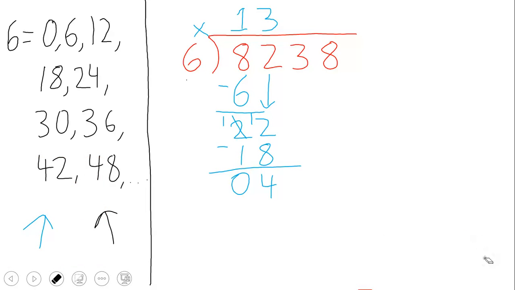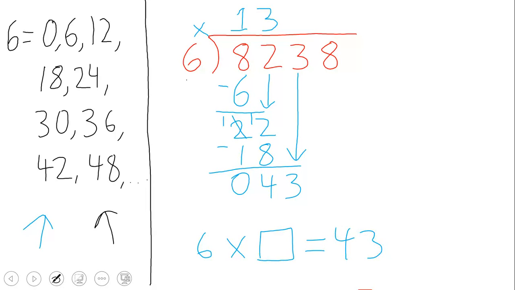All right. So now we bring down the 3. And our question is, is there a number that I could use to multiply by 6 to get exactly 43?